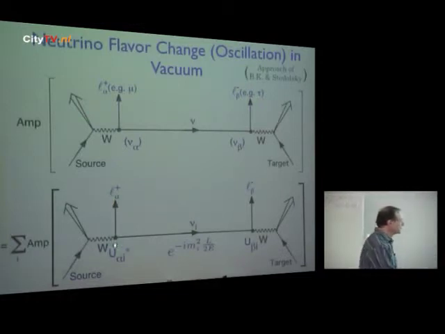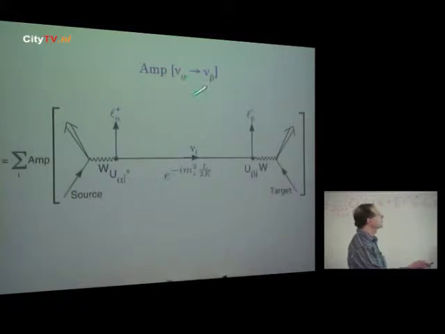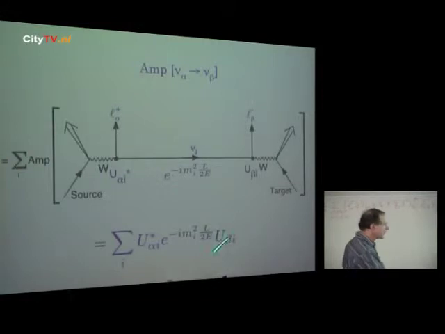The amplitude for nu I to propagate from the source to the detector over a distance L, if the beam energy is E and the mass of nu I is m_i, is this phase factor. Okay, now this just repeats that. It says the amplitude for nu alpha to go to nu beta is this coherent sum, and now taking it out from the picture, that's the amplitude.